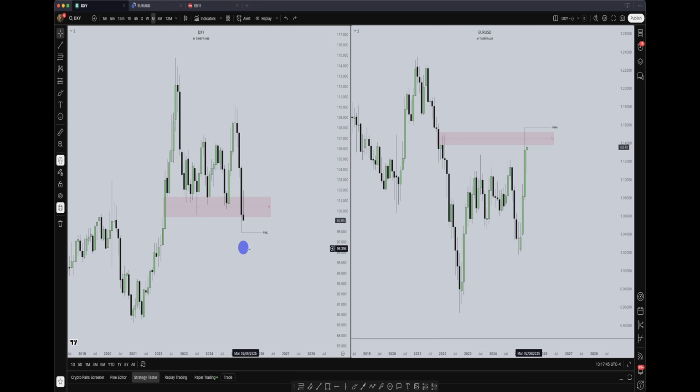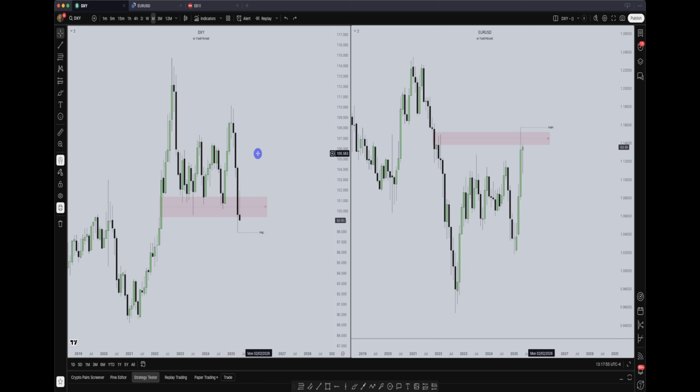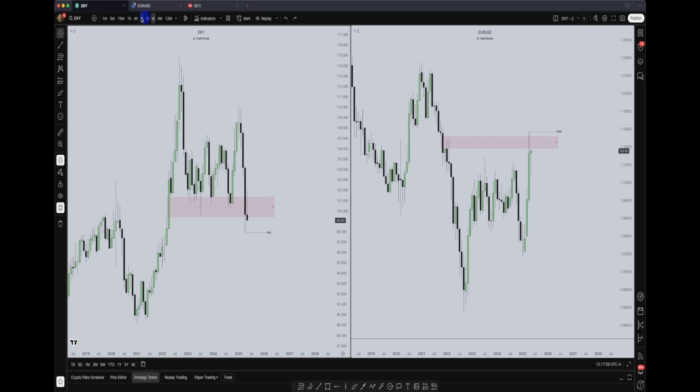It will be a long trade here and a short trade here, right? We are trading EURUSD, but we always keep the dollar index as a reference to know these levels, right?